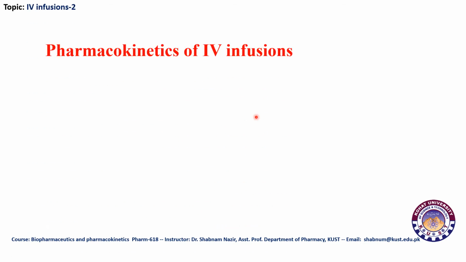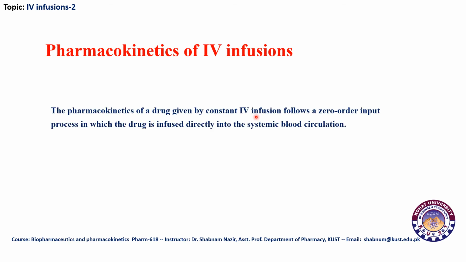So coming to the pharmacokinetics of intravenous infusions, one thing is very important to understand about intravenous infusions and the characteristic property of their kinetics. Always when it is administered, it will be following zero order kinetics, and I think I have explained what zero order kinetics and first order kinetics are multiple times, so I won't repeat that.